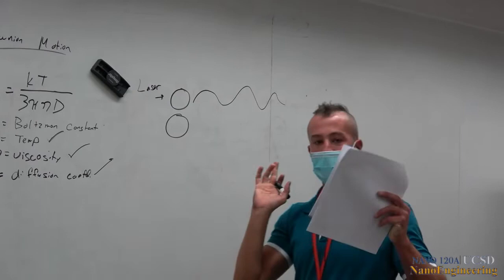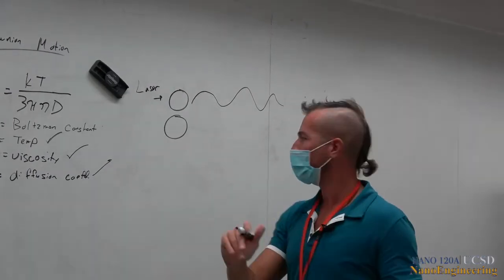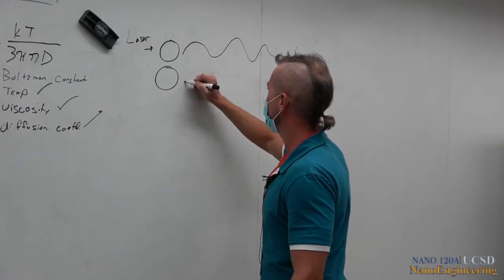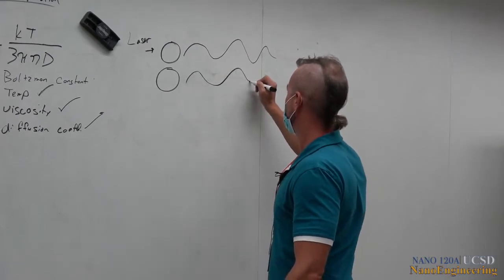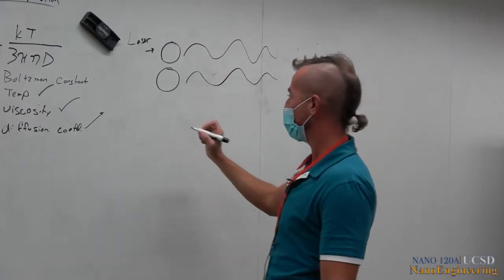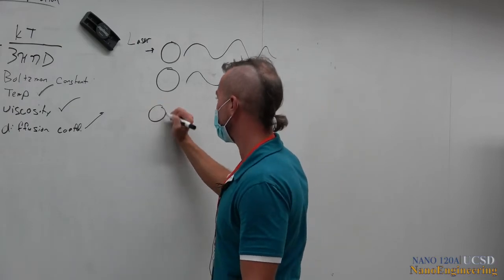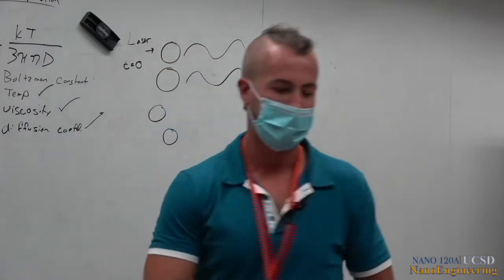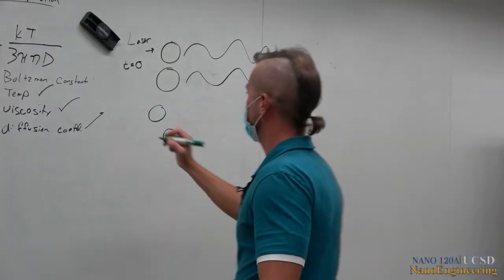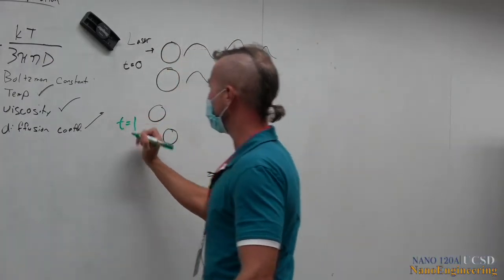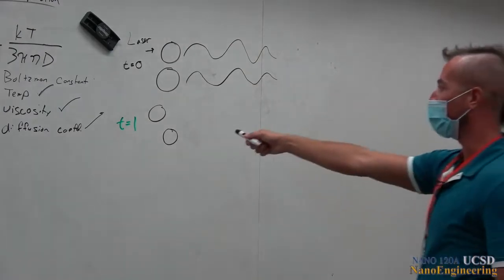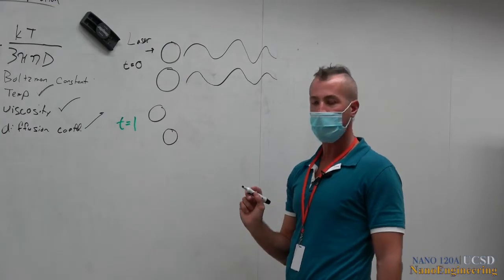And they scatter, they're the exact same particle size, and they scatter the same. And then imagine at time point 2, t equals 1, these particles have moved a little bit. This particle has moved relative to this one.